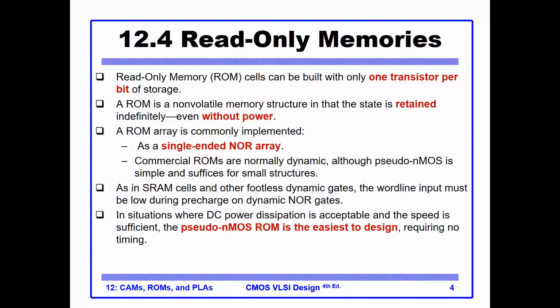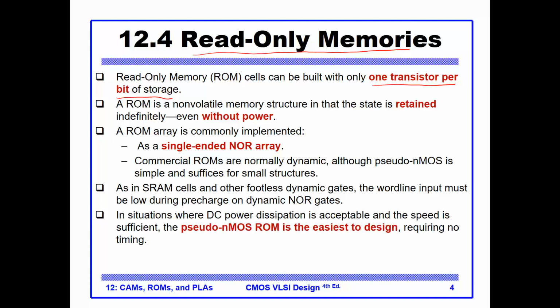Basically, as we said last time in the introduction of the previous lecture, read-only memories retain the data even if we power off the device. Typically, ROM is built using one transistor, and this is important because it gives it the perfect sizing and compactness, etc.